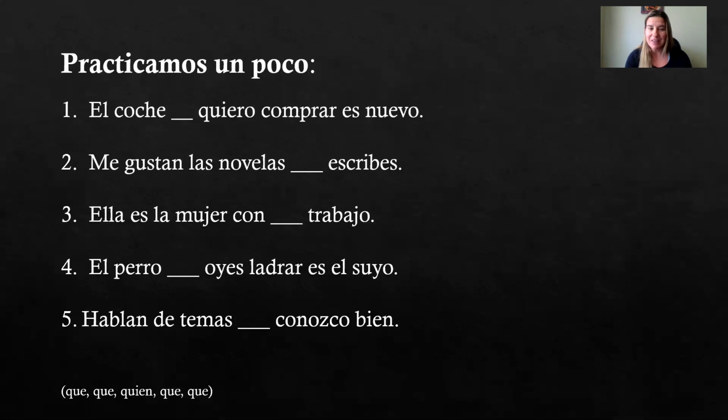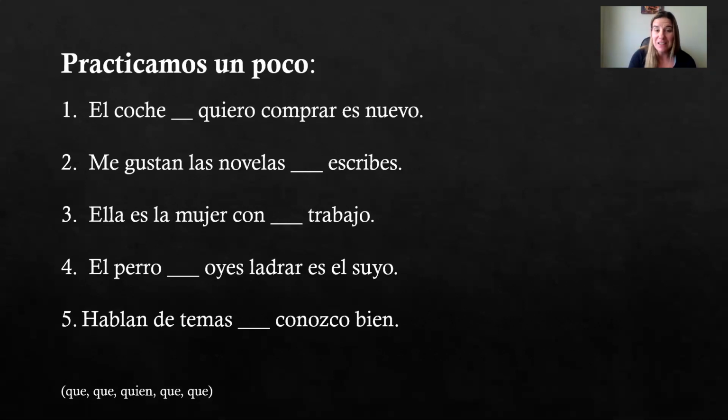Notice the con in that sentence. That's a hint. El perro blank oyes ladrar es el suyo. Hablan de temas blank conozco bien. Okay, so now you can uncover the bottom. I'm not sure if you listened when I said cover the bottom up.